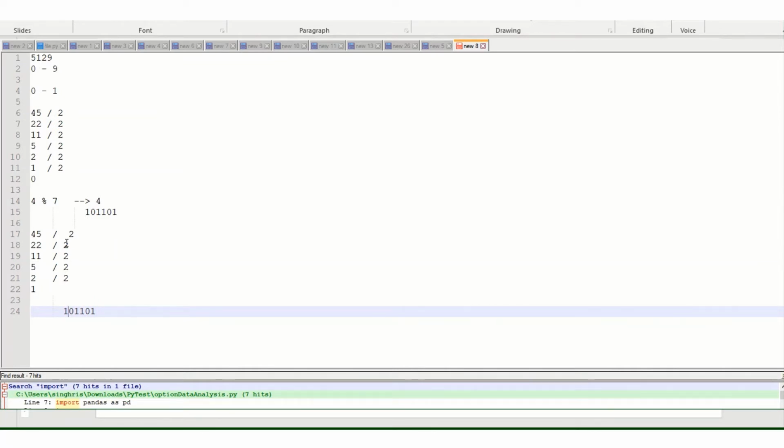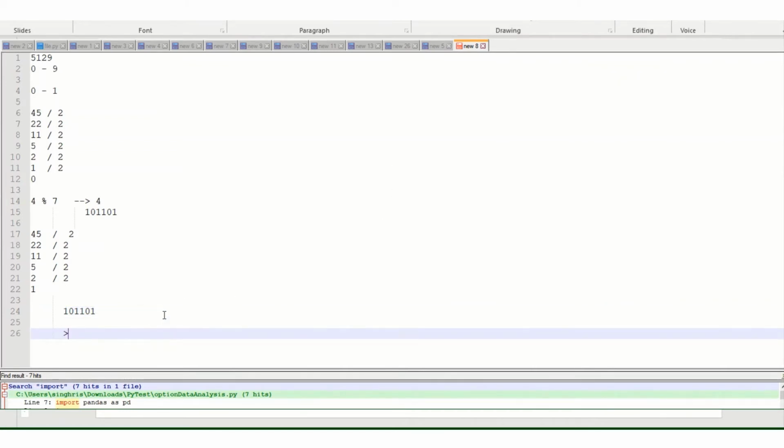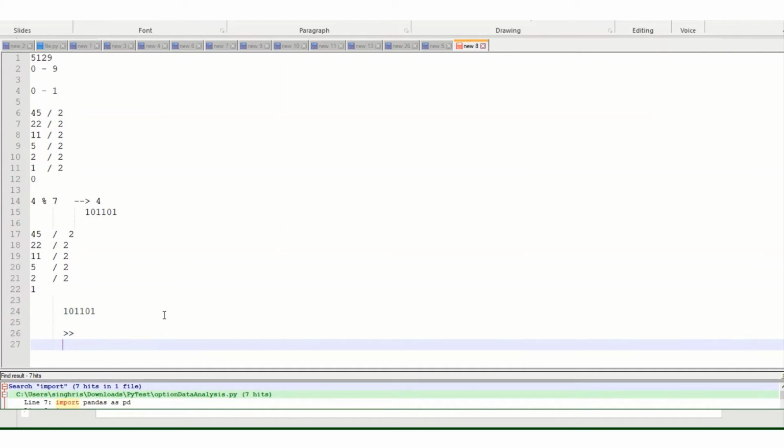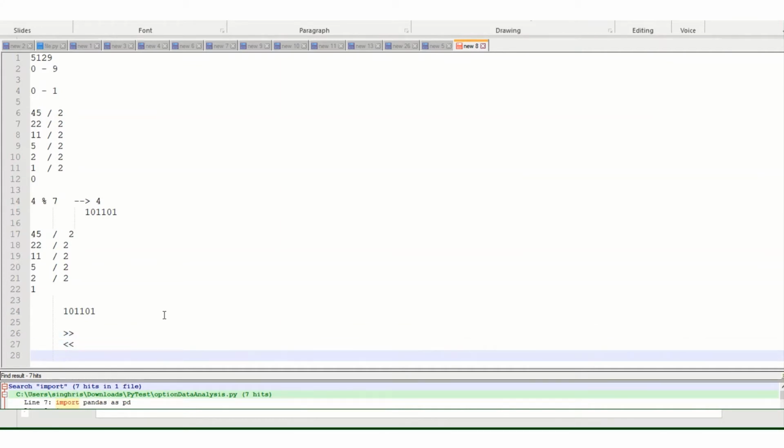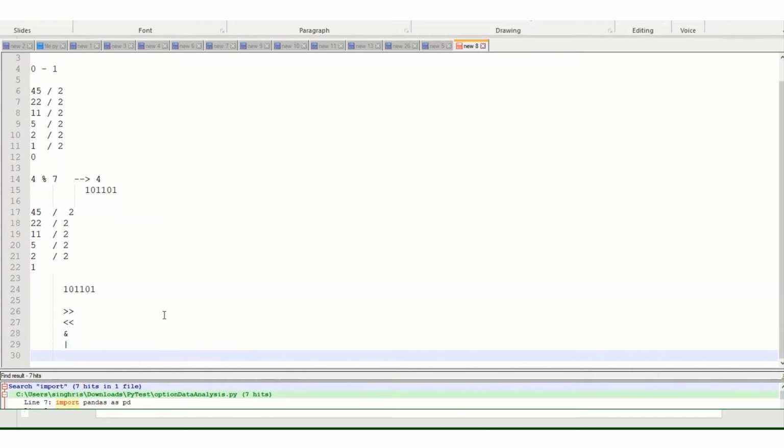Now I will tell you about the operators that we can use on binary numbers. Mainly there are five of these operators.